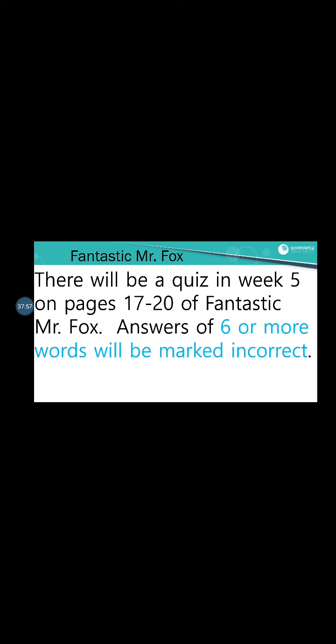So there will be a quiz in week 5 on pages 17 to 20 of Fantastic Mr. Fox. As you know, I have posted the PDF onto the university portal system, and you can simply print it off. Okay? Answers of 6 or more words will be marked incorrect.